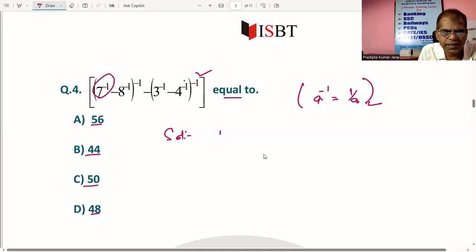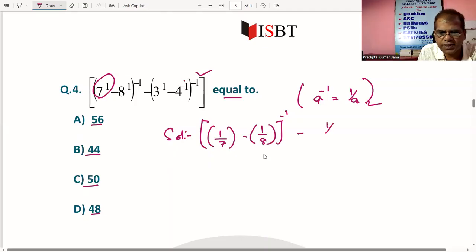So we can write (1 by 7 minus 1 by 8) whole to the power -1, minus (1 by 3 minus 1 by 4) whole to the power -1. The LCM of 7 and 8 is 56, so cross-multiplying gives 8 minus 1. For the second one, 3 into 4 is 12, and 4 minus 3.